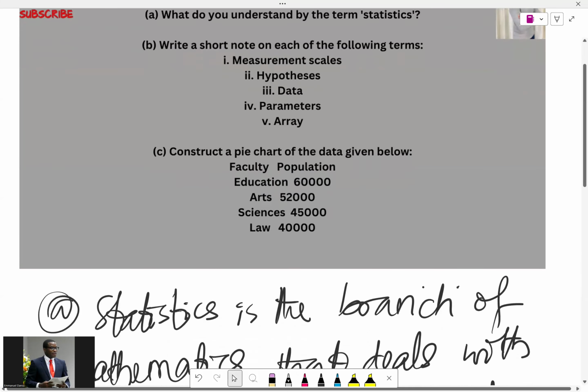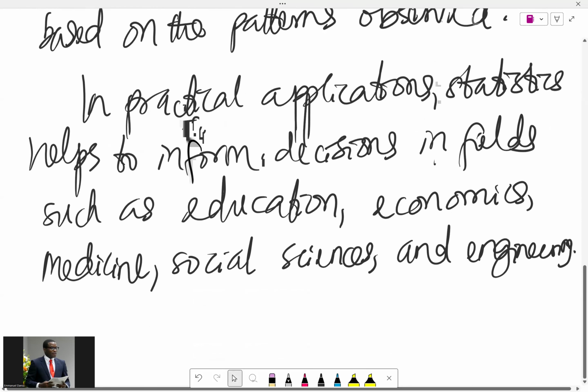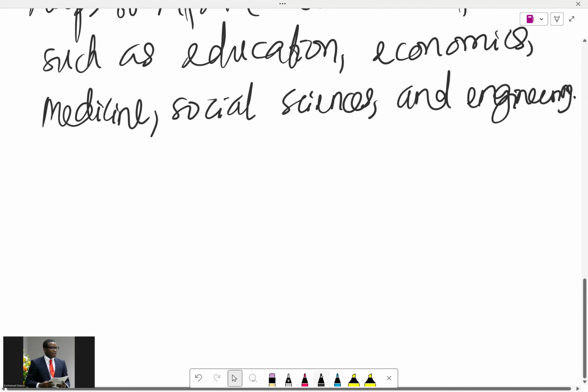So next we go to the short notes. For that, I do this, B now.